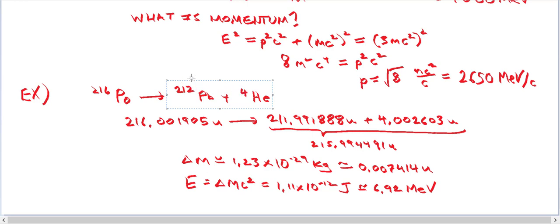And so you could figure out what the velocities of the lead-212 and the helium-4 are after the decay. And one of your upcoming worksheet problems will ask you to do something very much like that.